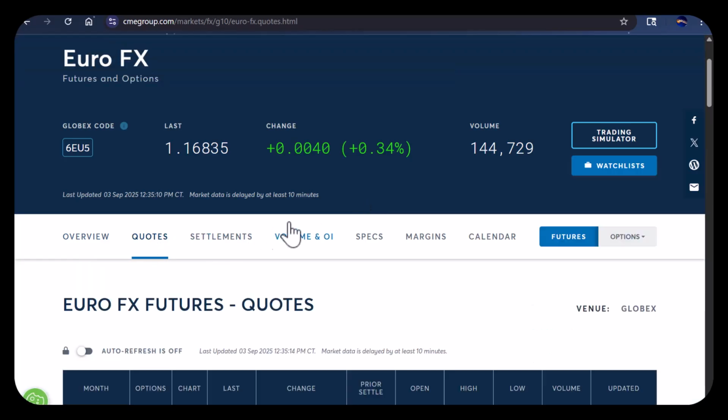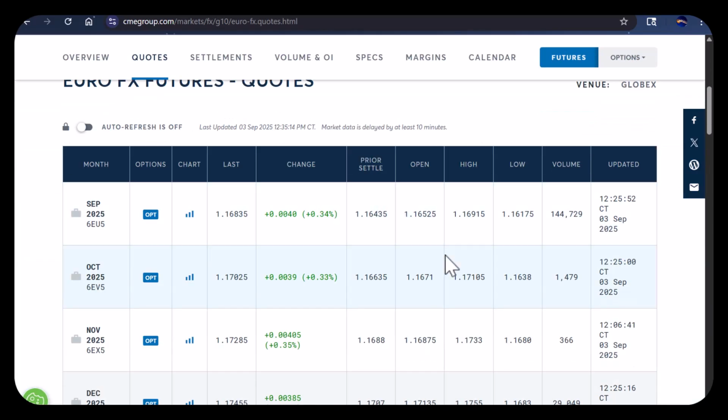If you go to quotes, currently the near contract is the September contract. As you can see from the transaction volume, today's volume until now, it closes, at least the CME transactions close at 3 p.m. Central Time, 4 p.m. Eastern Time.